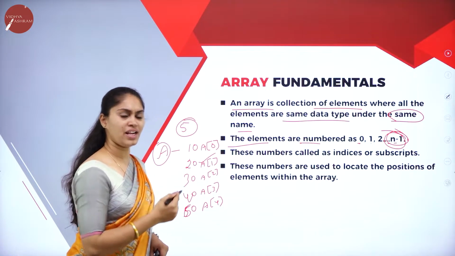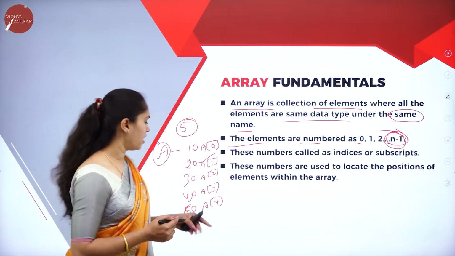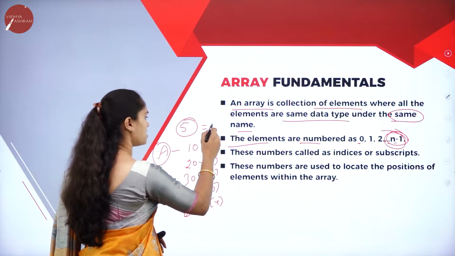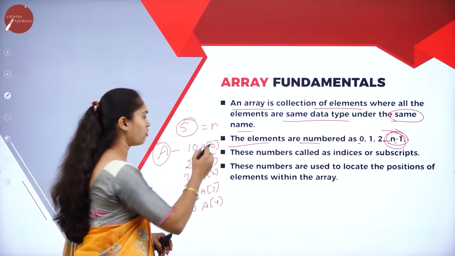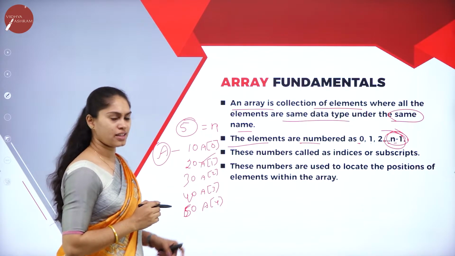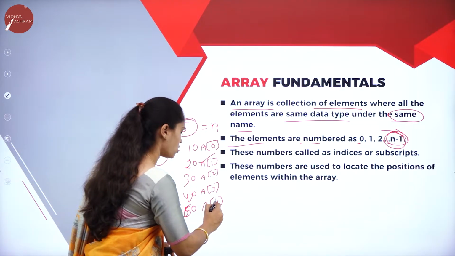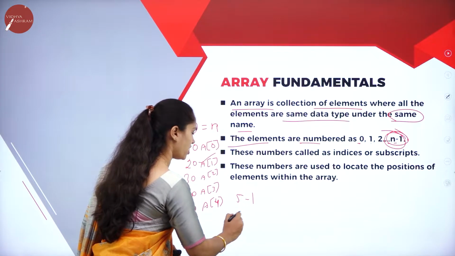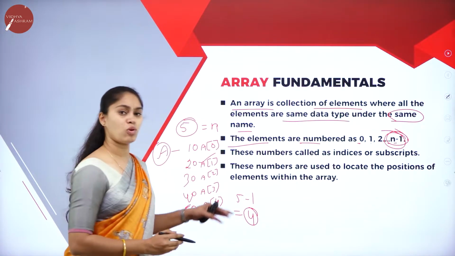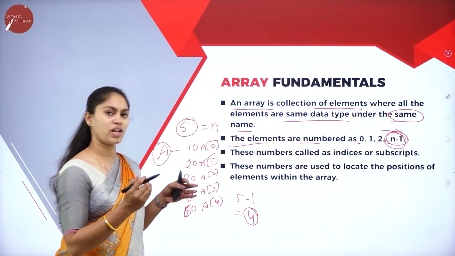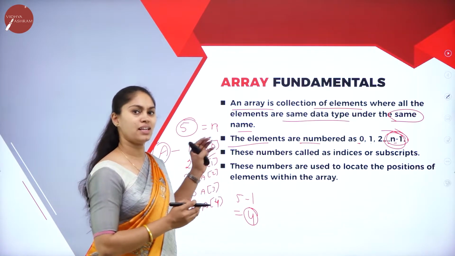Why is it n minus 1? If I consider n as the number of elements in an array, then n minus 1 is the last index, which is 4, because 5 minus 1 is obviously 4.